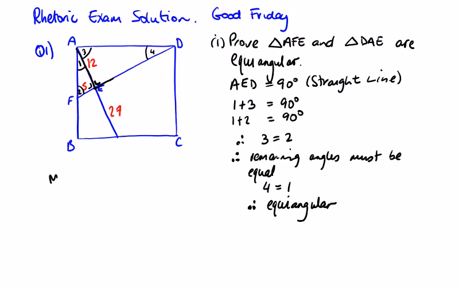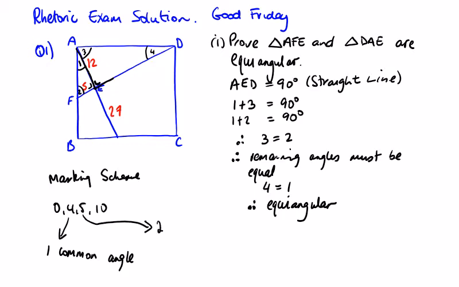The marking scheme for this part of the question was 0, 4, 5, 10. If you identified one common angle, you got 4. For 5, which you consider a high partial credit, identifying 2 common angles.